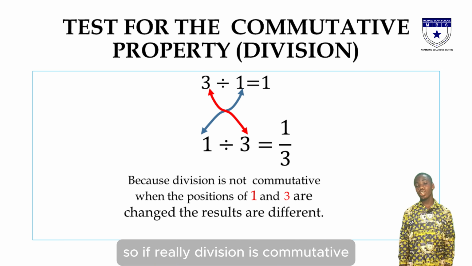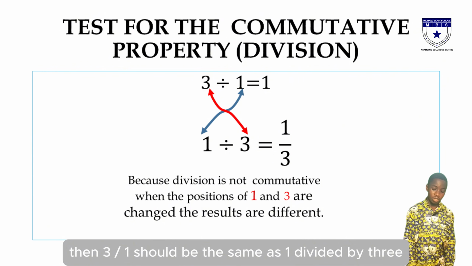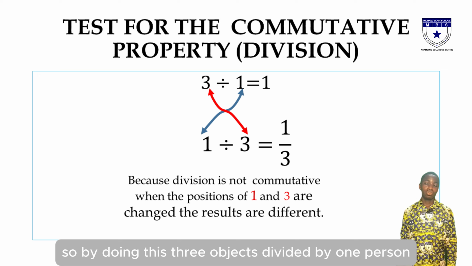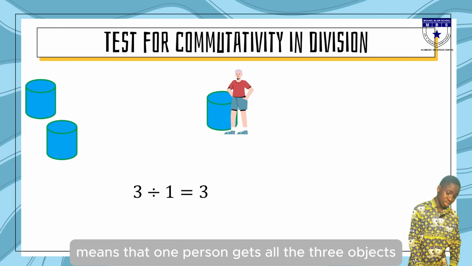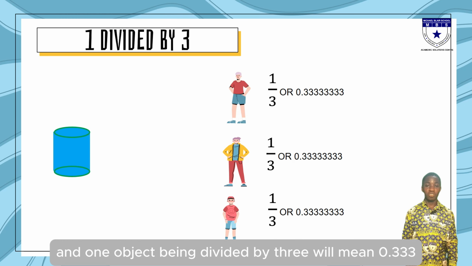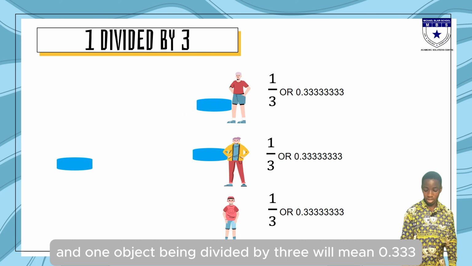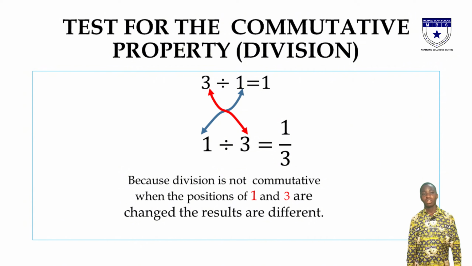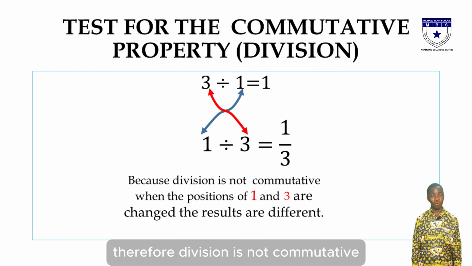If really division is commutative, then 3 divided by 1 should be the same as 1 divided by 3. 3 objects divided by 1 person means that 1 person gets all 3 objects. And 1 object being divided by 3 will mean 0.333. And 3 is not equal to 0.333. Therefore, division is not commutative.